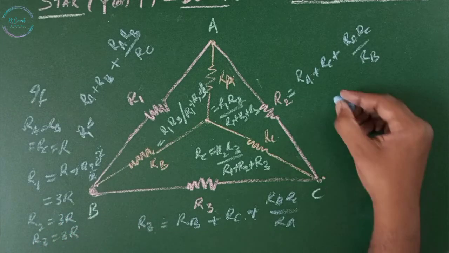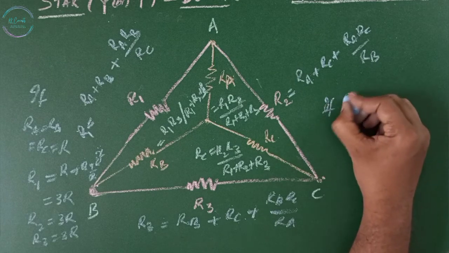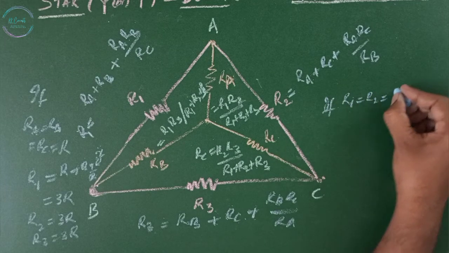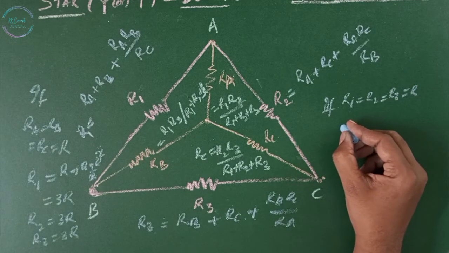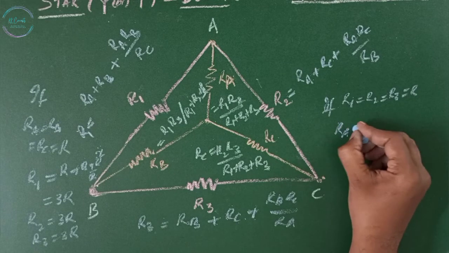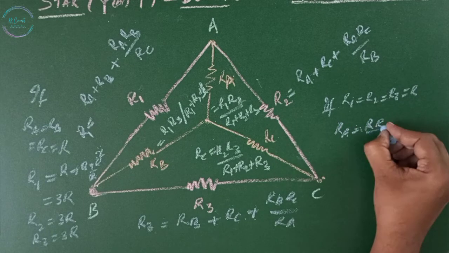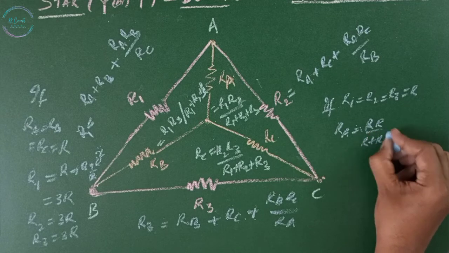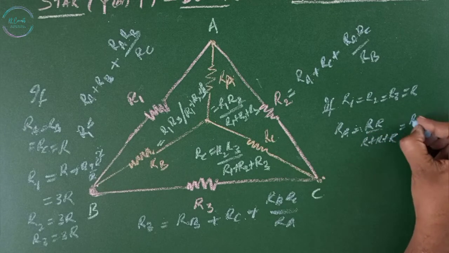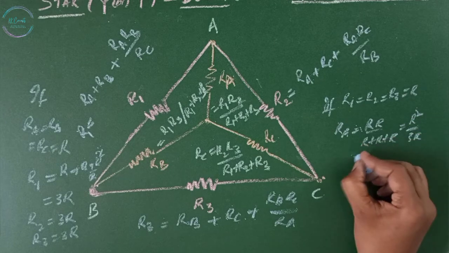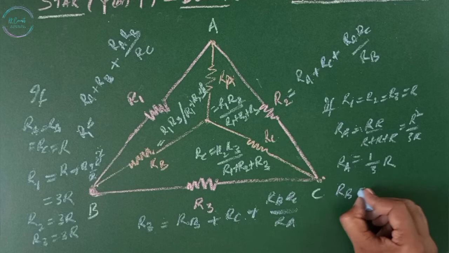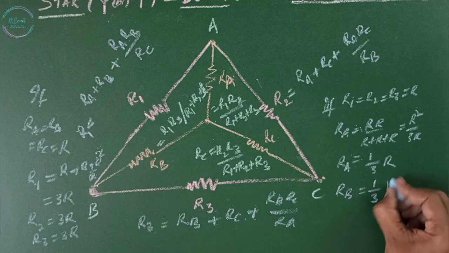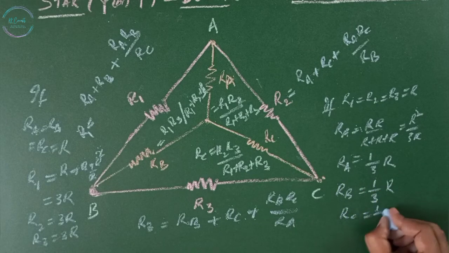Similarly, if R1 equals R2 equals R3 equals R, that is, all the resistances in the delta network are equal to R, then for the star network, RA equals R into R divided by R plus R plus R, which is R squared by 3R. It is nothing but one third of R, and RB equals one third of R. RC equals one third of R.